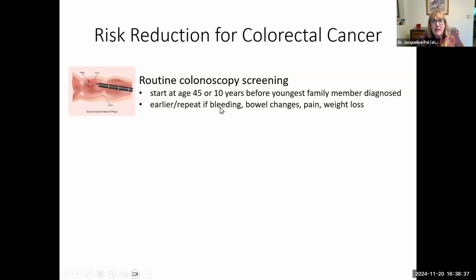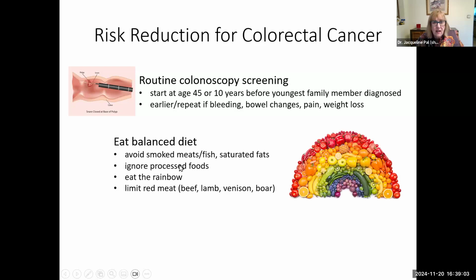If you have any kind of bleeding, any kind of change in your bowel habits, whether it be diarrhea, whether it be constipation, whether you've gone from having 1 bowel movement a day to having 2 or 3 a day, or from having 2 a day to having 1 every other day, if you've had unexplained weight loss, or if you have any unexplained abdominal pain, get your routine screening done.